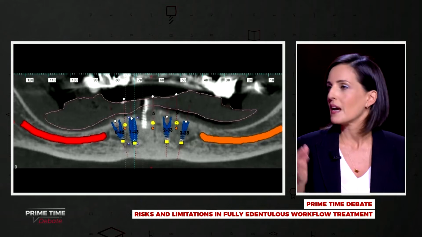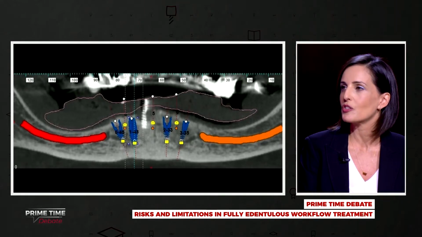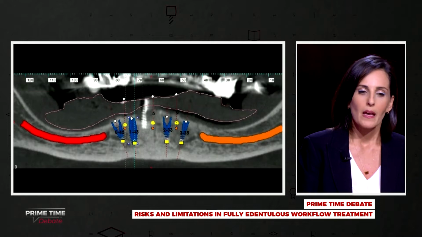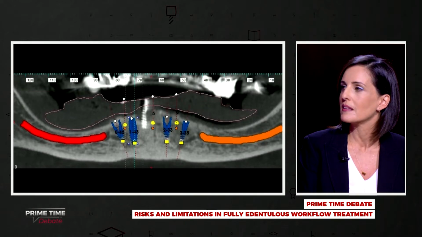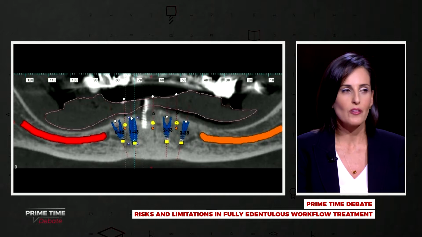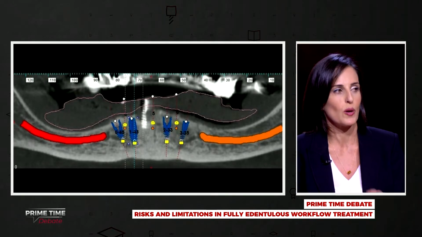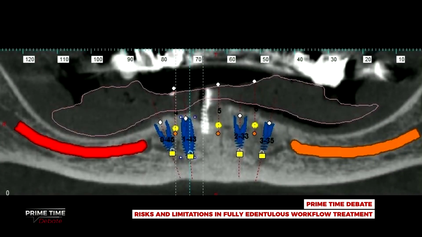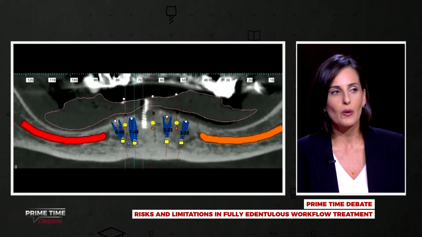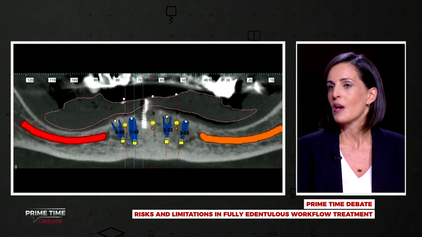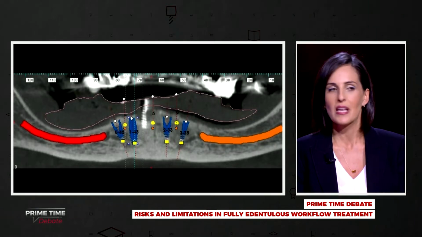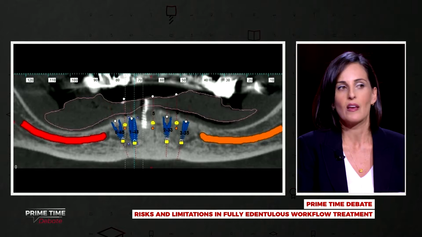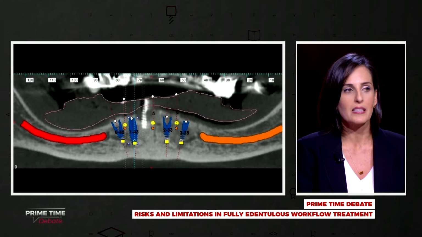For example, in this X-ray picture, we can see that the denture is not sitting 100% close on the soft tissue. It has this small black void underneath it. Now, we are planning a guide according to that. We are planning implant position and then a guide. How can we make sure that we are going back to the patient's mouth with the guide in the same relation that this denture sat on the soft tissues when we did the CT scan?